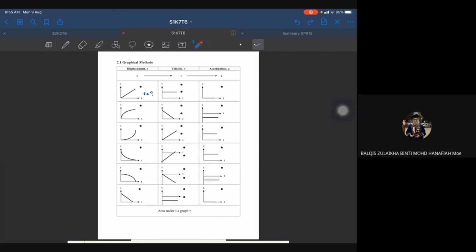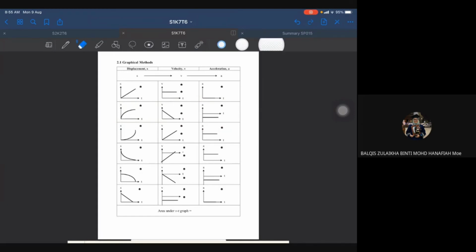Okay, tapi graph ni pun sebenarnya dia tak tepat sangat. Sebab apa? Dia tak consider negative S. So ada yang kurang lah. So sebenarnya ada lagi bawah sana. Tapi tak apalah. Yang this one is for positive S. Maksudnya cara nak tengok graph ni, dia exist macam ni. These three, they exist together. So this one is just a guide.